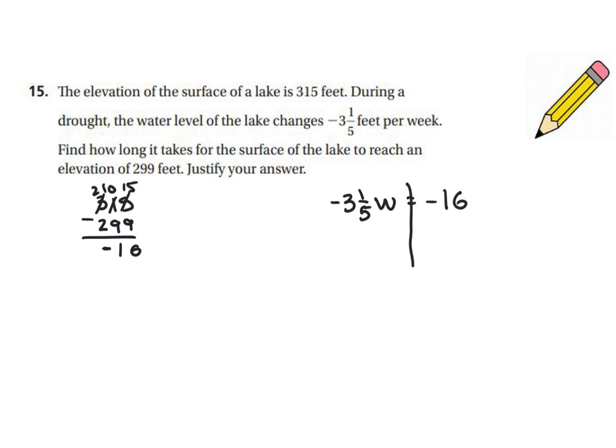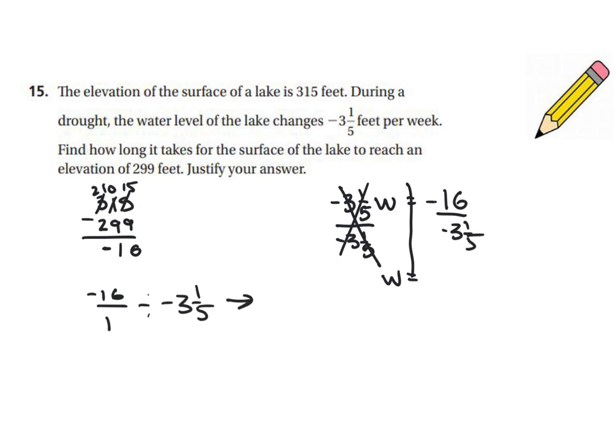So we want to solve for W, so we will divide by -3 1/5, and we'll divide by -3 1/5. On the left side, -3 1/5 divided by -3 1/5 is 1, so we just get W. And now what we have is -16 over 1 divided by -3 1/5. Let's rewrite that. First of all, converting -3 1/5 into an improper fraction.